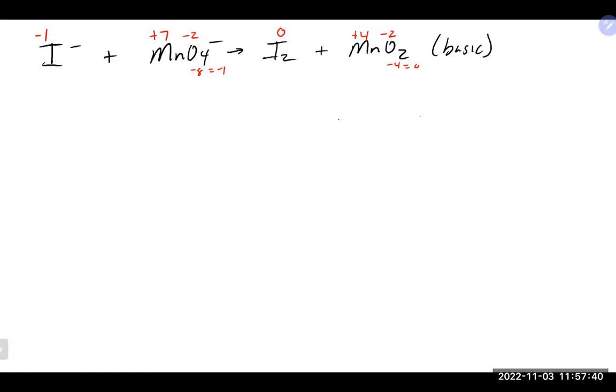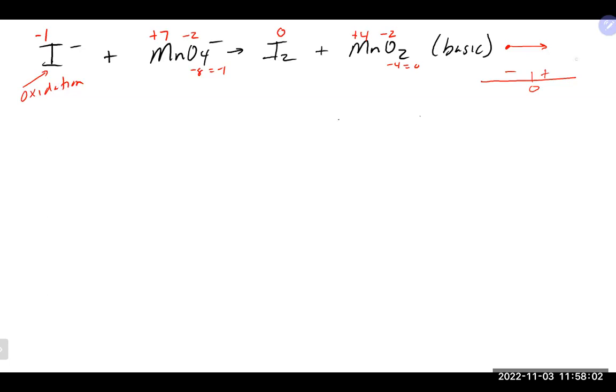So we could really use this, and again, if you want, you can do a little number line action here and see what's going on. We can see that the I minus is starting at -1 and ending at 0, which means it is going towards the positive side. That means that really this guy is going through oxidation. We could do the same thing for the Mn.